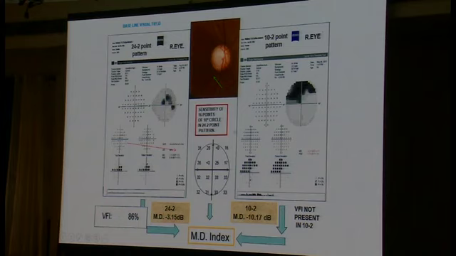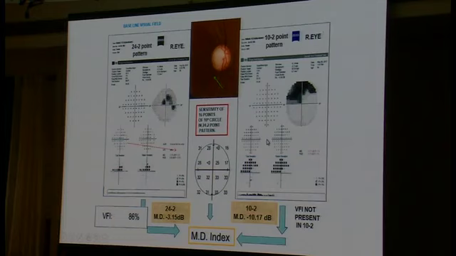If you ask for the 10-2, you see this scotoma, the nerve fiber layer defect almost going to the fovea, and the mean deviation in 10-2 is -10. The visual field index is not given in 10-2, so that is the most important point. We can't assess GPA in 10-2.